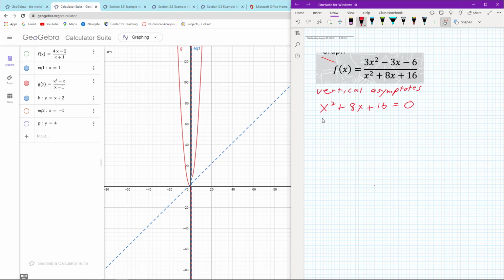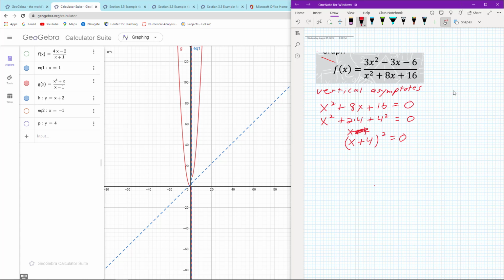Matter of fact, if you look at this even closer, you can see this has the form of x squared plus 2 times 4 times x plus 4 squared. This right here is a perfect square. This can be written as x plus 4, the entire quantity squared, is equal to 0.